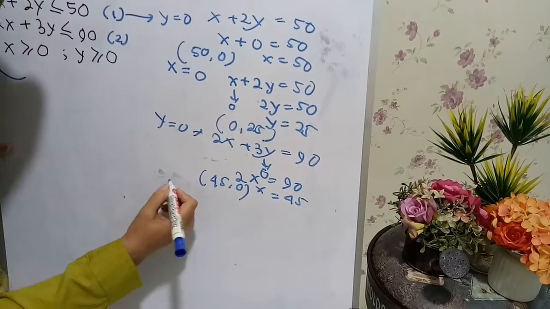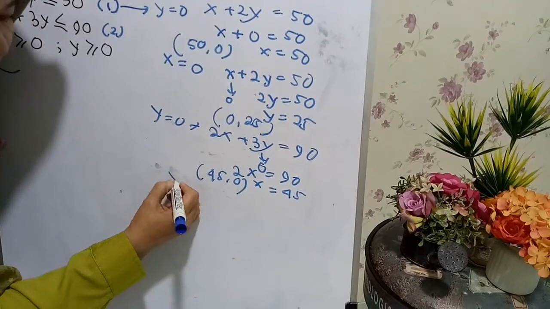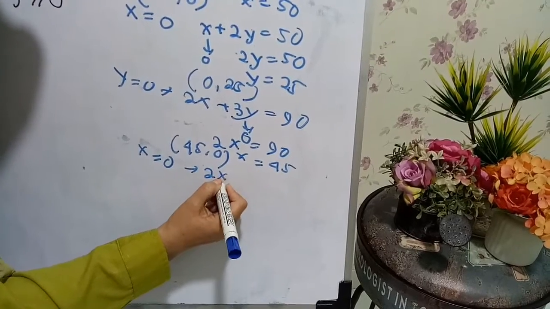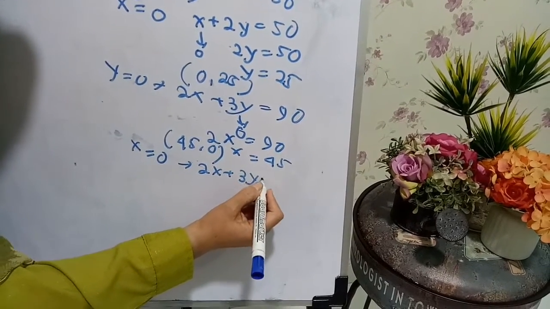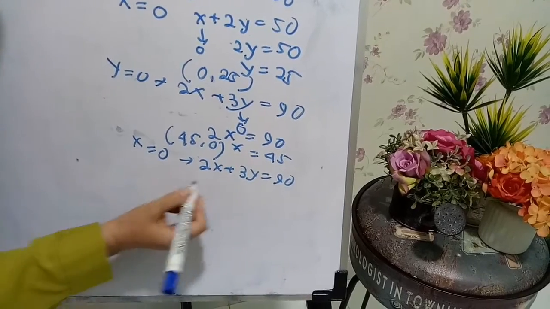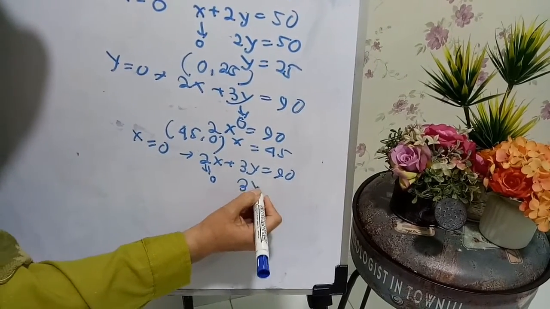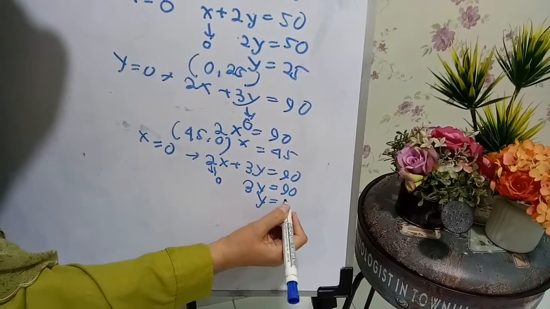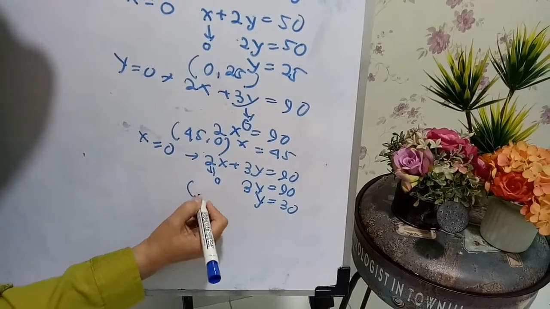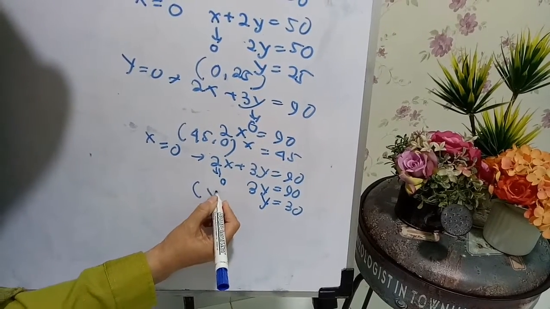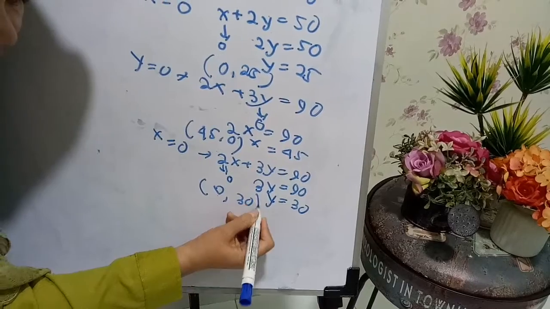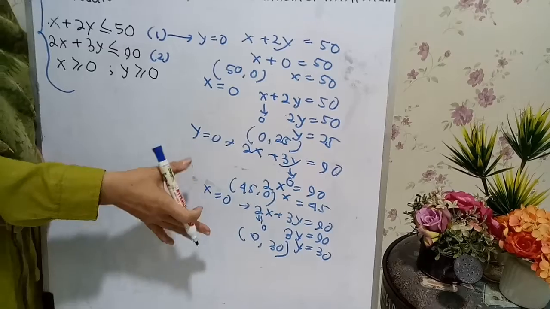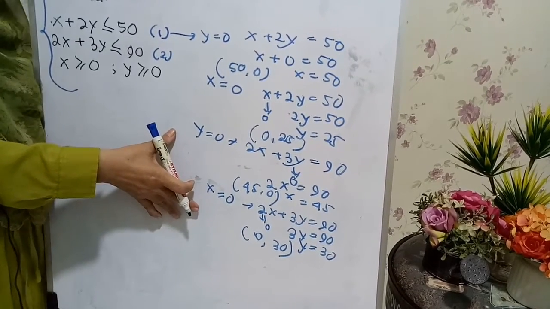The next one, intercept with the y-axis, x equals 0. 2x plus 3y equals 90, x is 0, and 3y equals 90, so y is 30. The coordinate will be (0, 30).